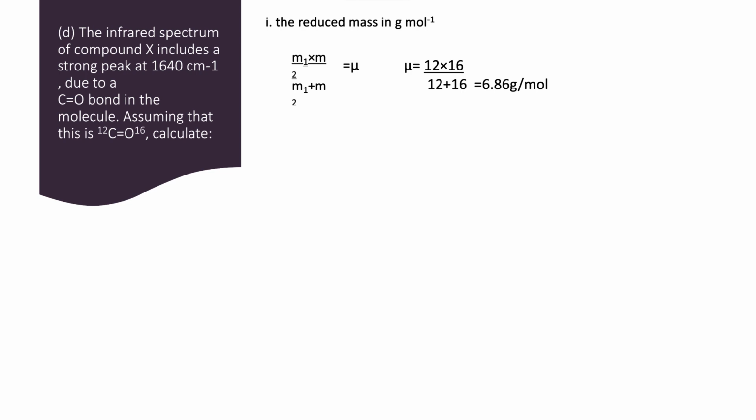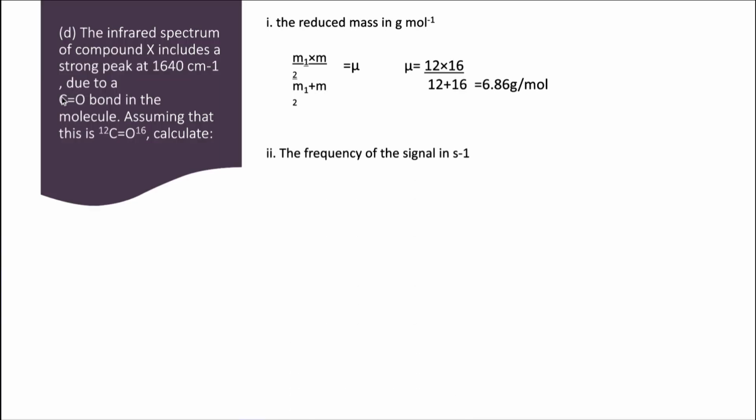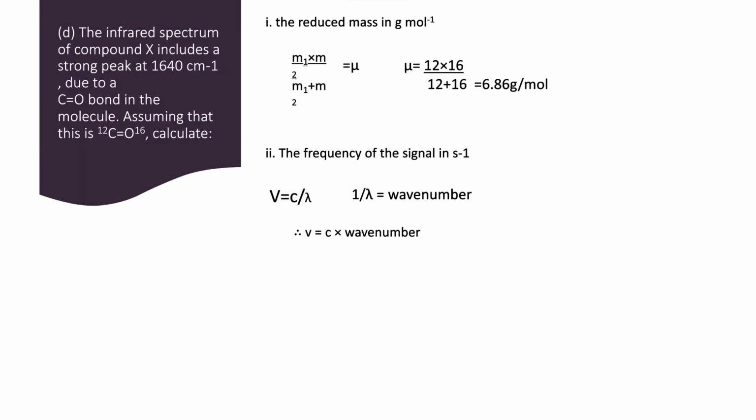Now we want to calculate the frequency of the signal. So we need the equation frequency equals c over lambda, which is the speed of light over wavelength, and 1 over lambda equals the wave number.